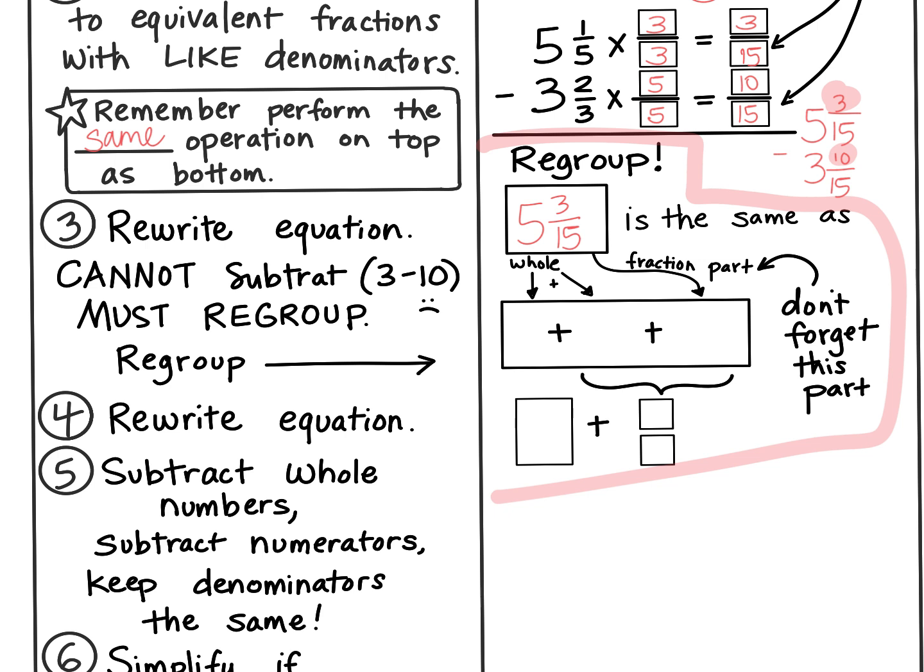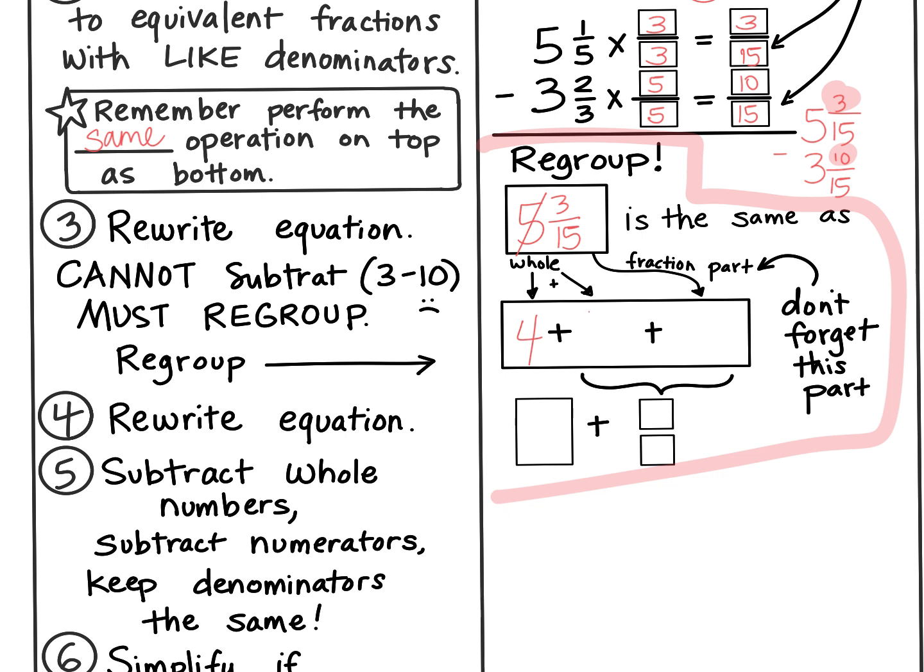So I'm going to borrow from this 5, which leaves me with 4, just like I normally would. But when I'm borrowing from the 5 and I'm taking out a whole number, how does 5 look as a mixed number? 4 and what?